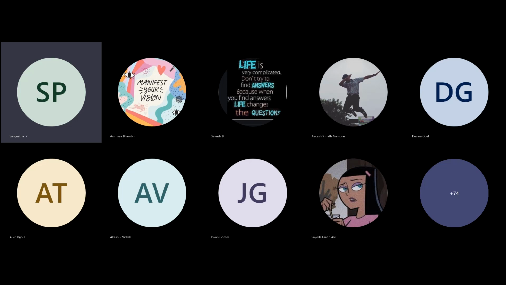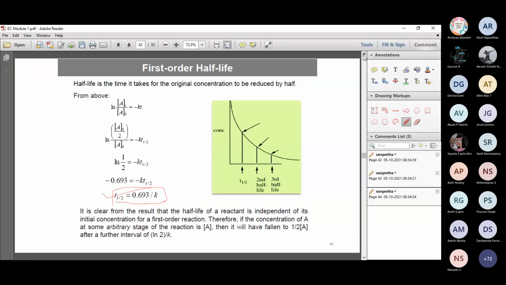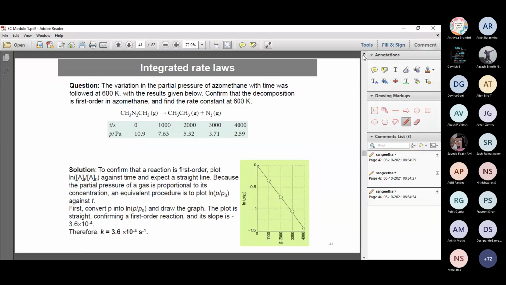Next, we'll go for the PPT, and what they have given for you earlier. Okay, so this question also you note down.